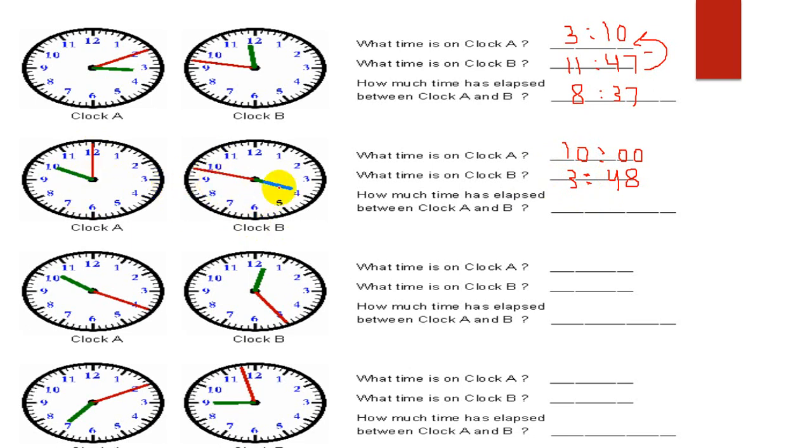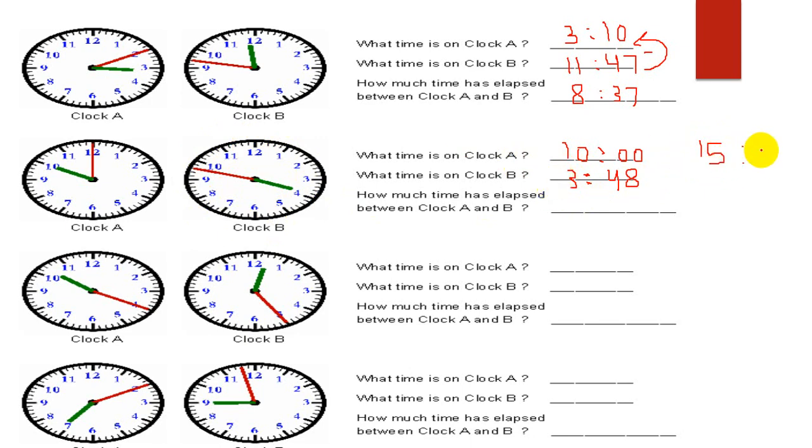If here it is a.m., this becomes p.m. If this is p.m., this becomes a.m., because it is more than 12. Okay, so 3 means 15. This is p.m., so this is 15. Why? 3 o'clock after 12. After 12 o'clock, 3 plus 12 is 15.